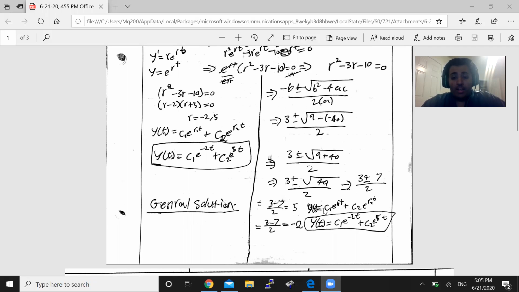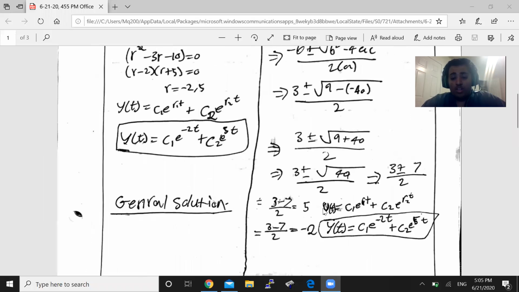When you have that, your equation is going to be c1 e to the power of rt plus c2 e to the power of rt. You plug in the numbers you already found, which are -2 and 5. That's the general solution.